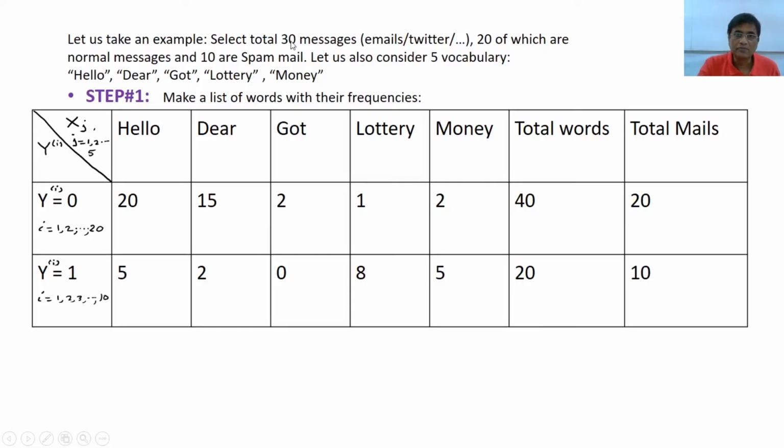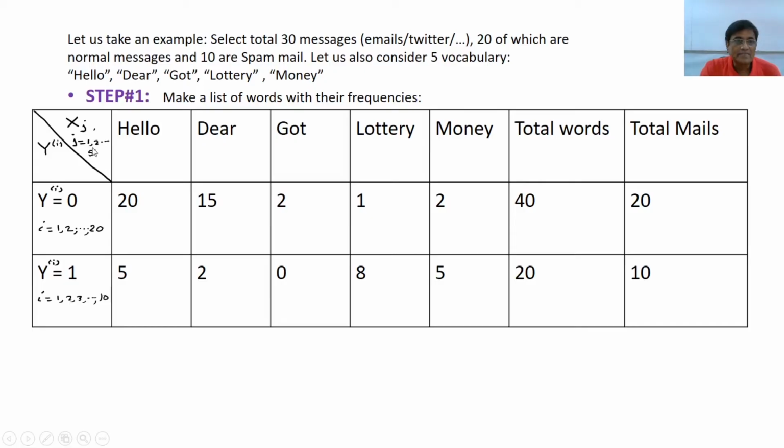For training examples, we have 30 messages, 20 normal and 10 spam. We have created an extremely simple vocabulary of 5 words, just to do it by hand; the illustrative example should be small, otherwise it will take a lot of space.